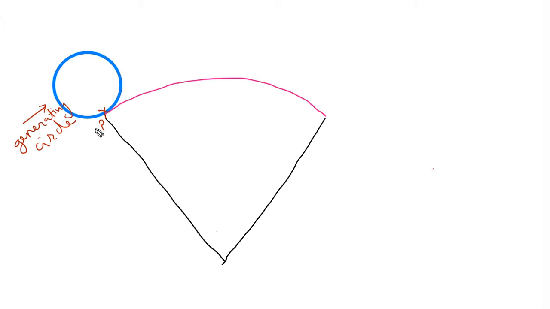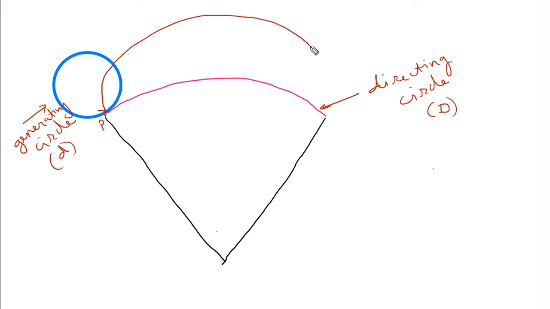When this generating circle rolls on the portion of the directing circle, when this generating circle of diameter small d rolls over the directing circle of diameter capital D, then the path traced out by any point on the circumference of the generating circle, say P, is known as the epicycloid. So this curve is known as the epicycloid.